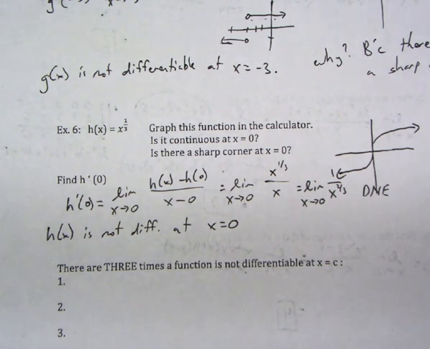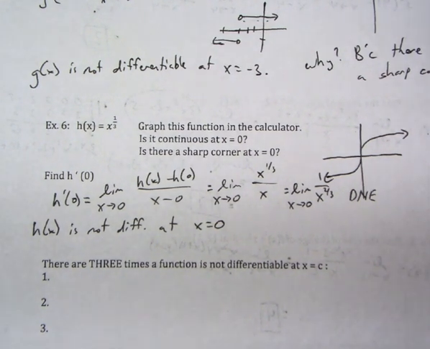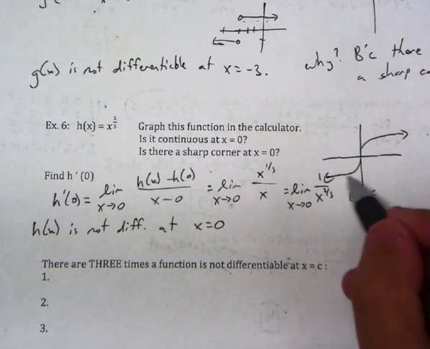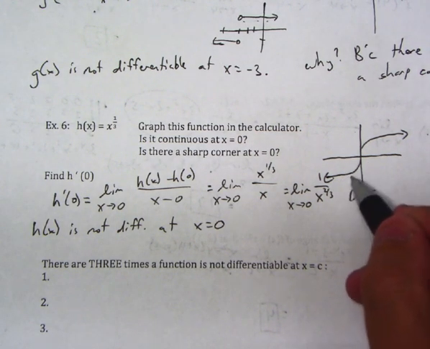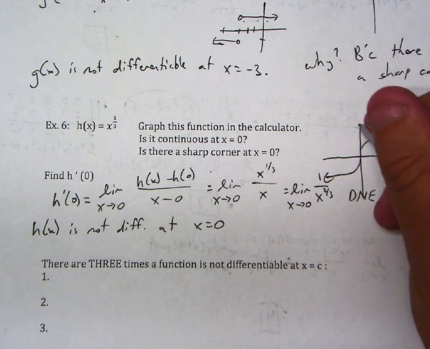We've got to talk about why. What's happening at 0 that would cause the function to not be differentiable? Well, the reason I thought my graph is so pretty is because with that y-axis, you could see exactly what's happening. If you think about tangent lines, as you go from left to right, if you keep drawing tangent lines, right here at 0, that tangent line gets vertical.